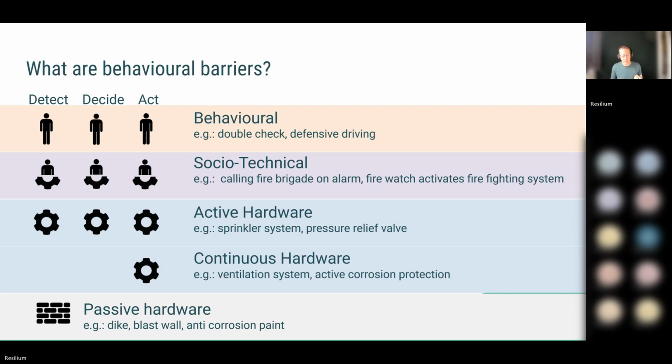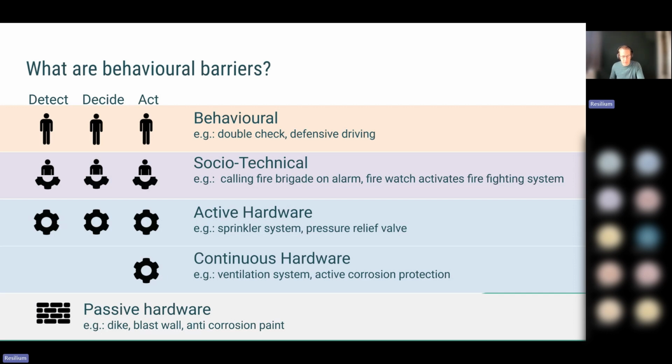So when we talk about behavioral barriers, those are the pure ones, let's say, that are only behavior. But there are some gray areas, of course, where it's a mix, right? And these are the socio-technical barriers. The other two at the bottom are not super relevant for now, but okay, they're on the slide.